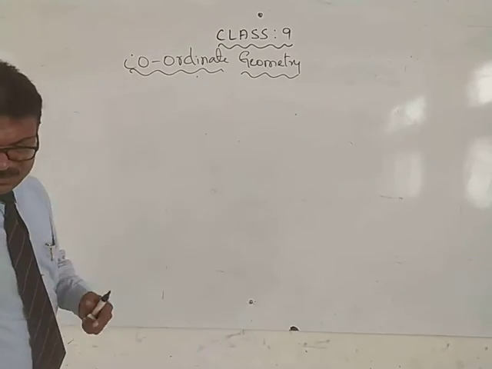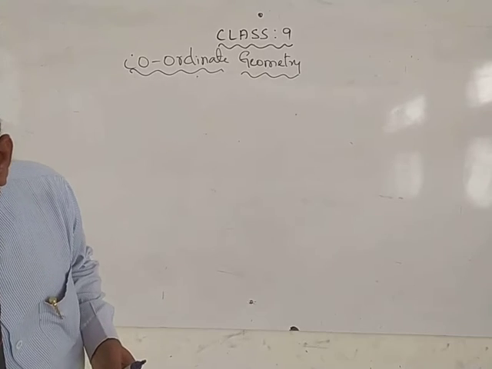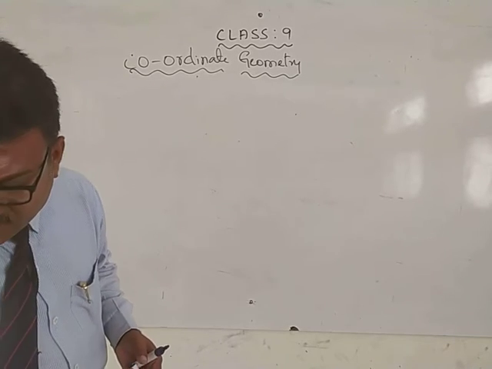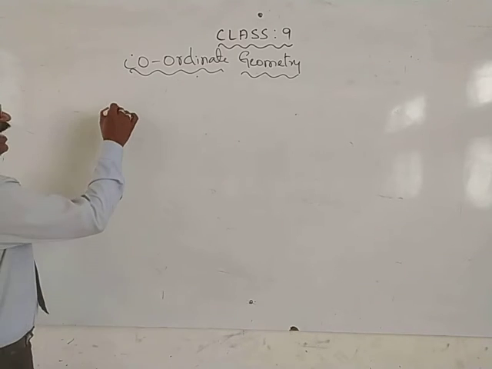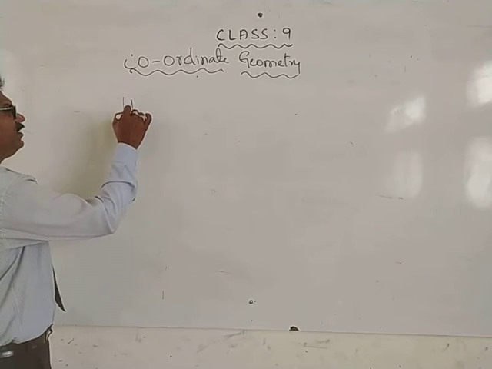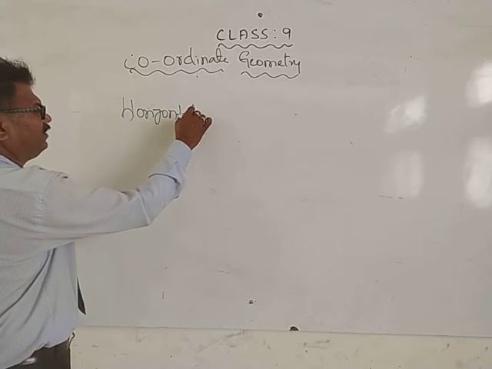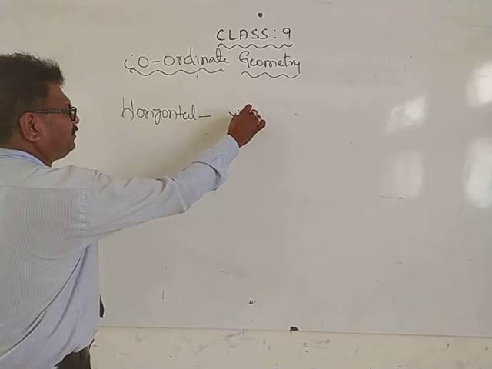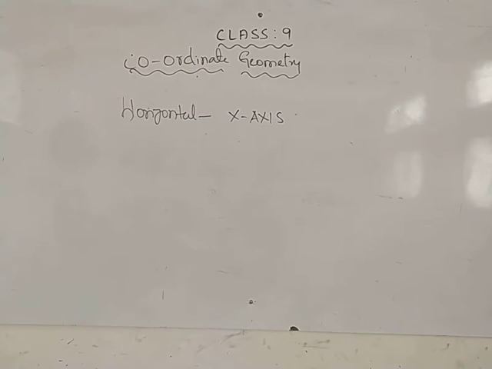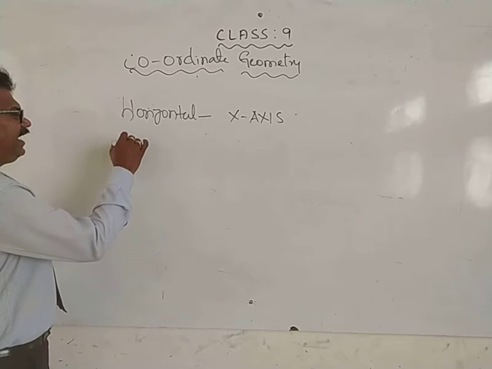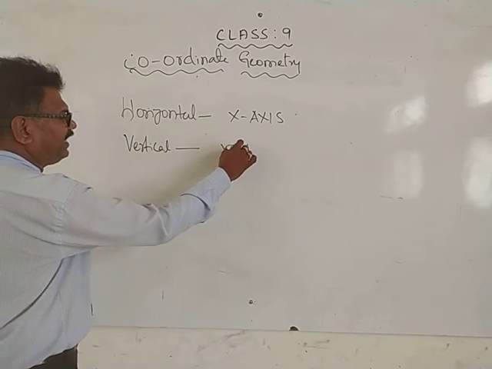Very simple. Second exercise, you see: what is the name of the horizontal and vertical lines? Horizontal line, what is that? It is nothing but the x-axis. What is the vertical line? Yes, y-axis.